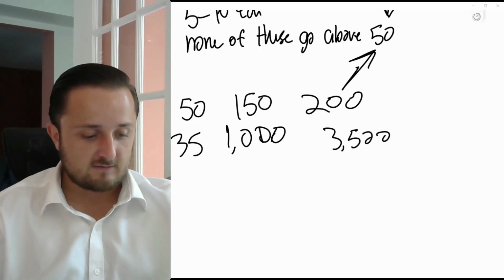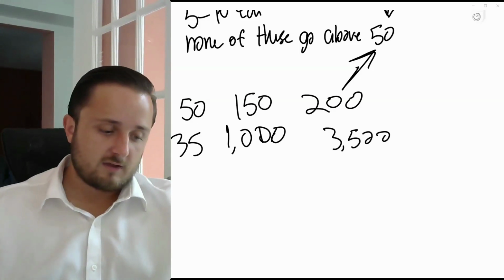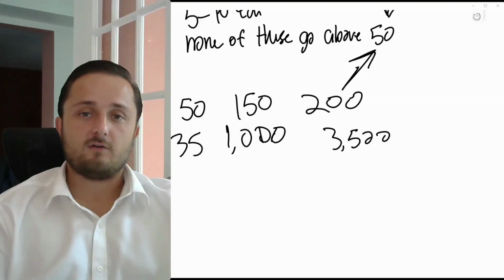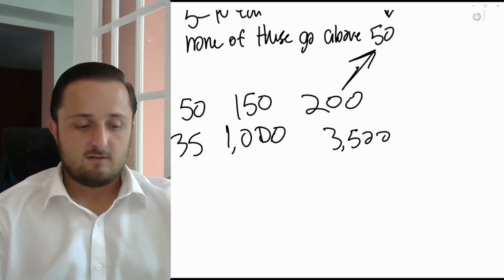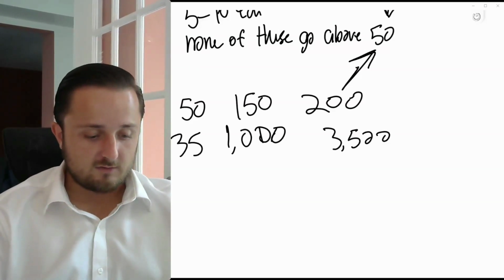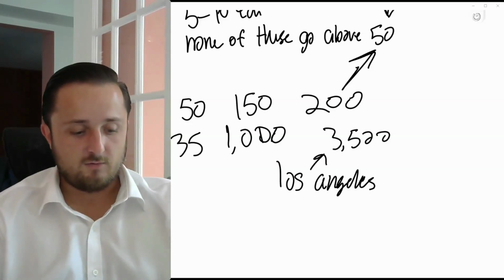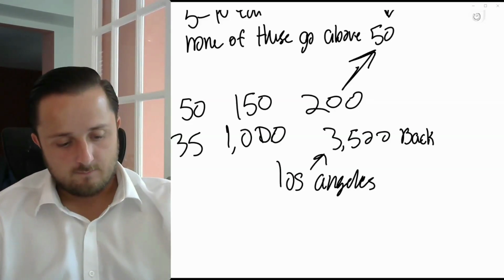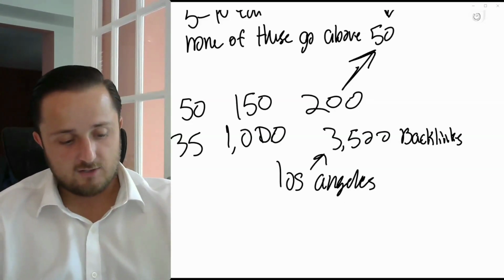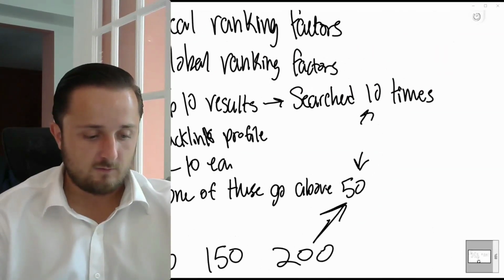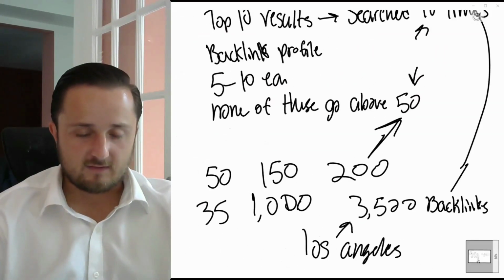What I'm trying to say is that you really want to look at what is occurring where you're located. Because you can look at Los Angeles and see 3,500 backlinks, and you can think that's what it takes to rank locally, but that's not true.